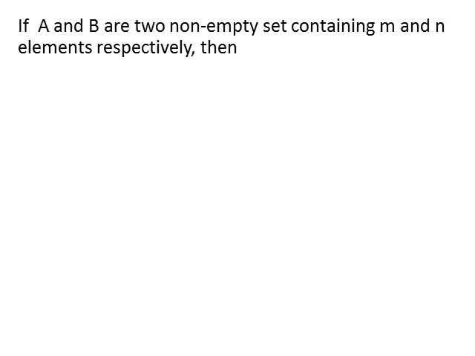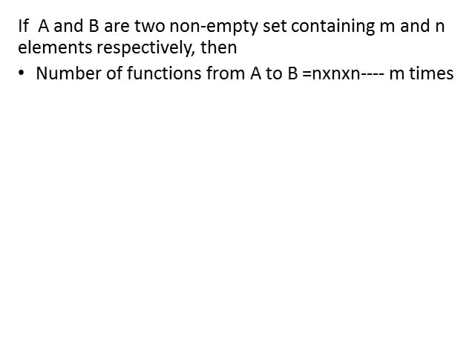If A and B are two non-empty sets containing m and n elements respectively, then how to find the number of functions from A to B? Now, as set A has m elements and set B has n elements, the first element of set A can be related with any element of set B. So it has n options.